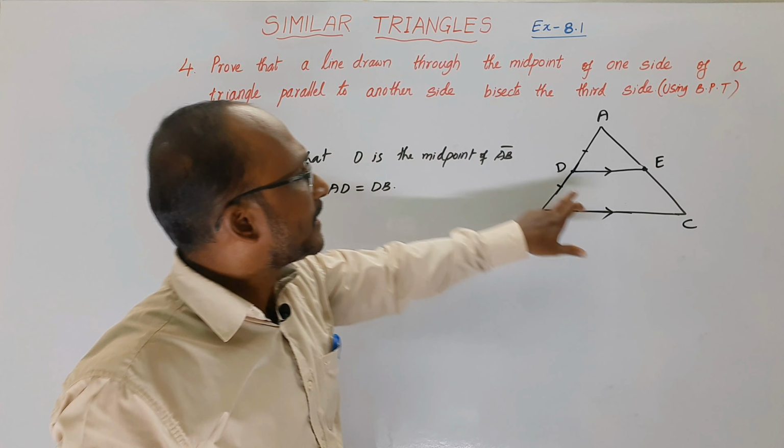But by the converse of basic proportionality theorem, that is, by the converse of Thales theorem, we can say that if any line divides two sides of the triangle in the same ratio, then that line is parallel to the third side. So here ST is dividing PQ and PR in the same ratio. We can say that ST is parallel to QR.